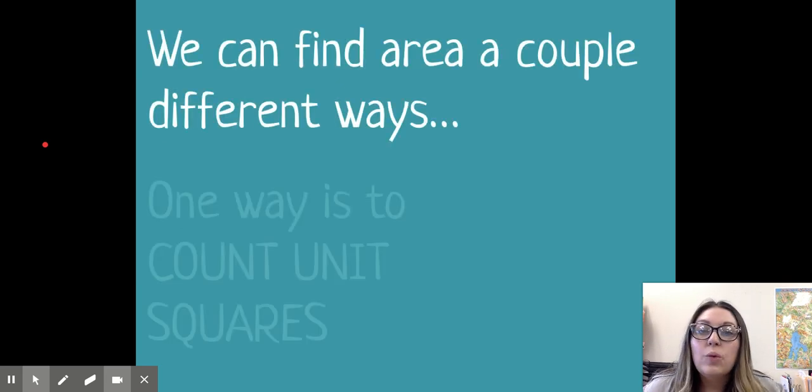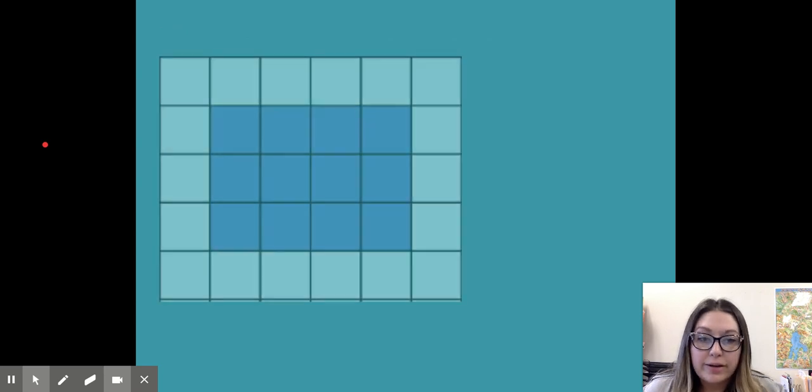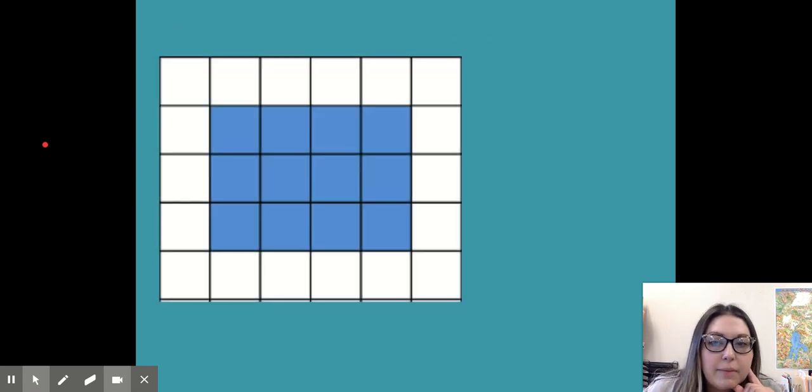Okay, so one of a couple of different ways is to count unit squares. Last week, when you were given a shape with unit squares, you were finding the lengths of the sides. Instead, this week, when we find area, we're just counting the inside squares. So if I look at this, I have 1, 2, 3, 4, 5, 6, 7, 8, 9, 10, 11, 12.